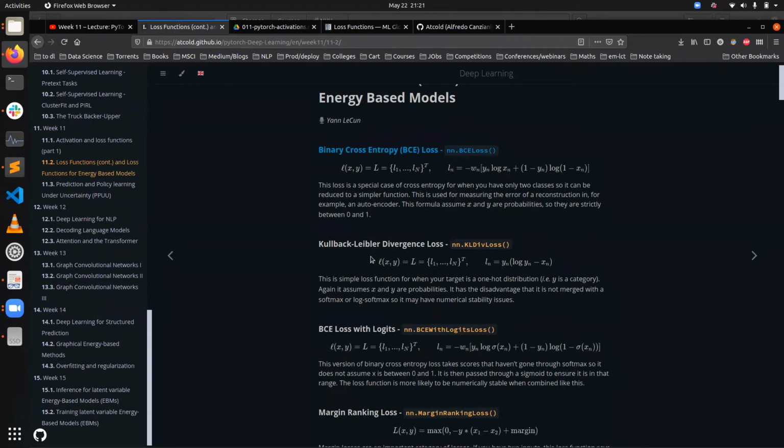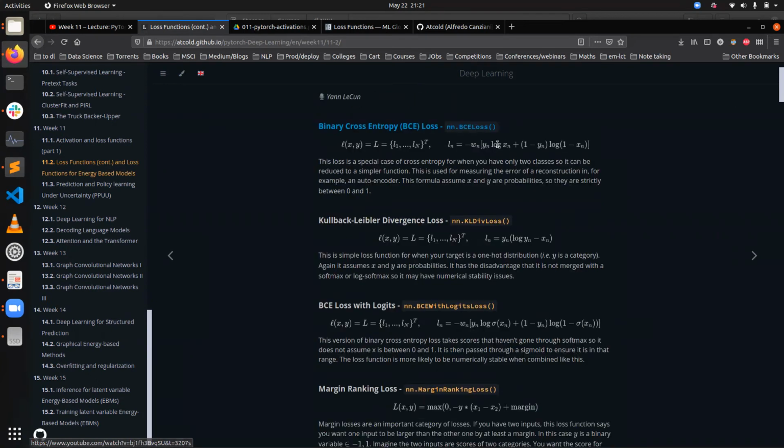One thing that I forgot to mention is the binary cross entropy assumes that x and y are probabilities, so that they are strictly between 0 and 1. So you should already have taken sigmoid of the values before you feed it into this particular loss function, BCE loss. Kullback-Leibler divergence, I don't know much about this one.